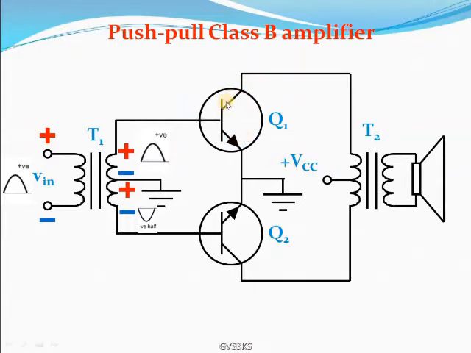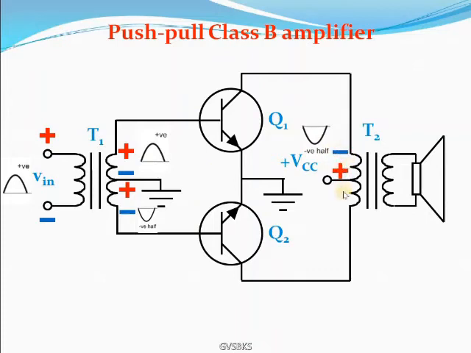As it is a CE configuration, input and output signals are out of phase. So when the input signal is in the positive half cycle, the output signal produced by Q1 is the negative half cycle, which is a 180 degrees phase shifted version.